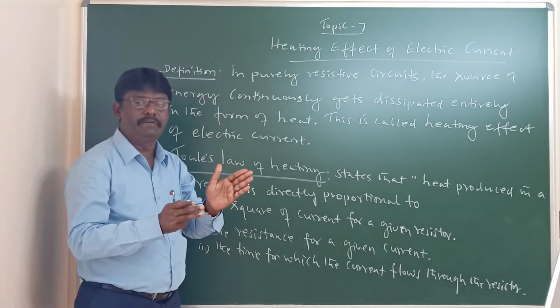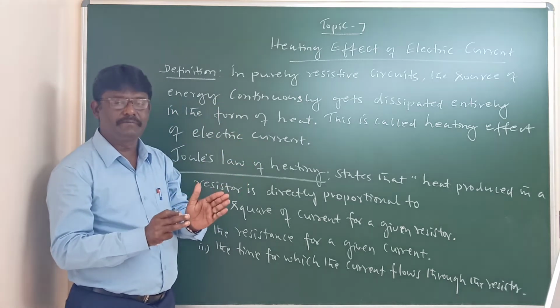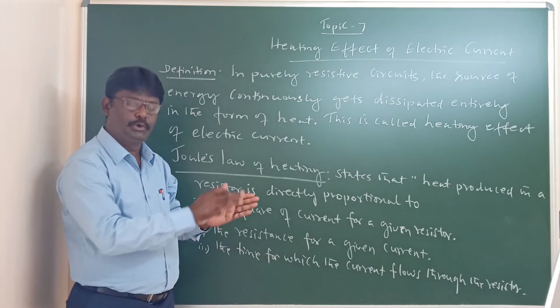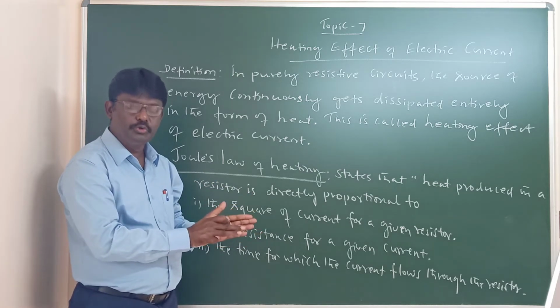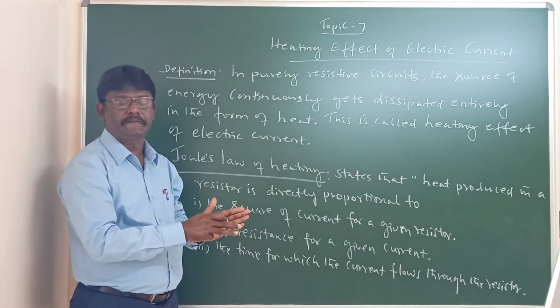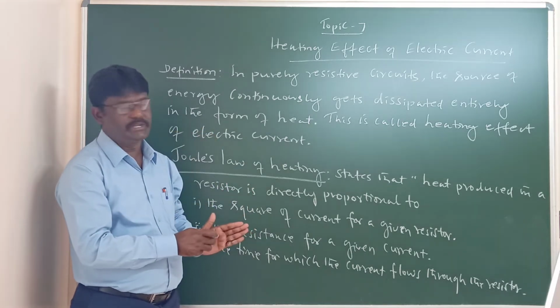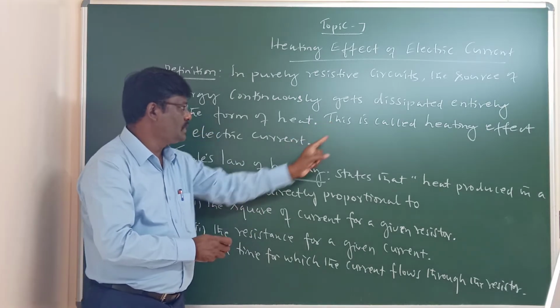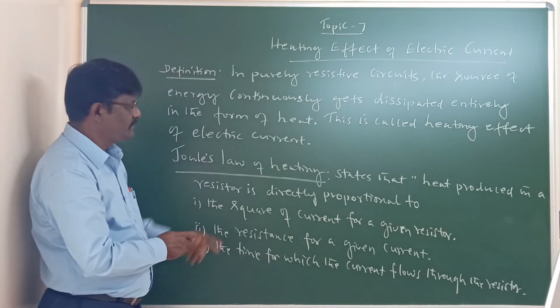So therefore here we find the conversion of electrical energy into heat energy, mainly because of the resistance of the conductor. This is called the heating effect of electric current.